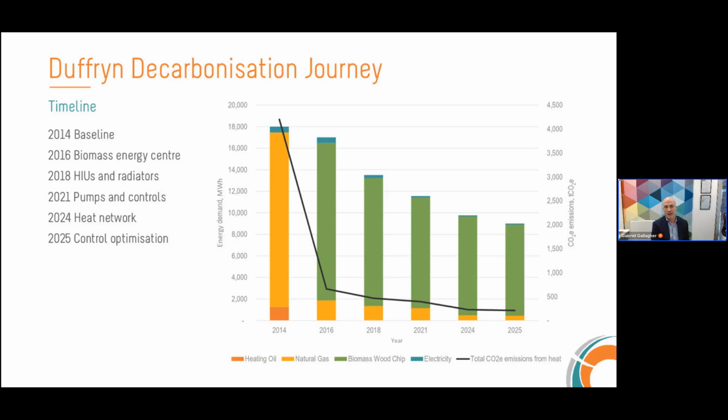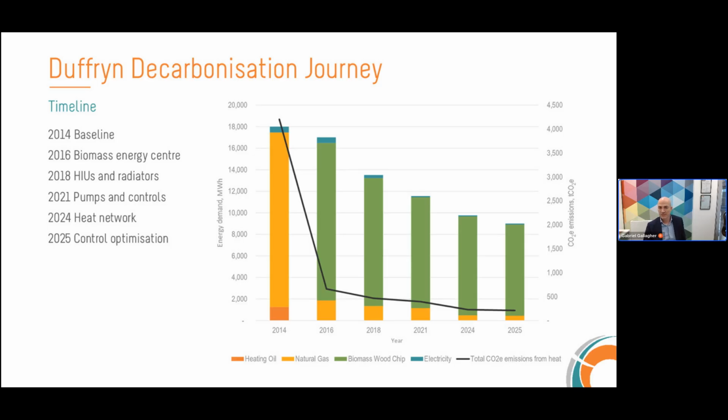The pump operation made further savings. The new heat network has brought greater savings in terms of heat losses through the network, much smaller diameters, larger insulation levels, and in some cases some shorter network routes. And optimization will carry on.